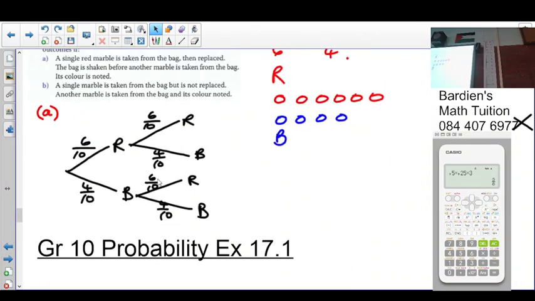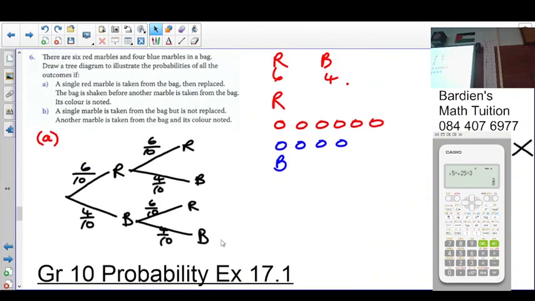Okay, so let's work out the probability for 2 red marbles in this case. The path I will follow goes around 6 over 10 times 6 over 10. Not so? So let's do that calculation.